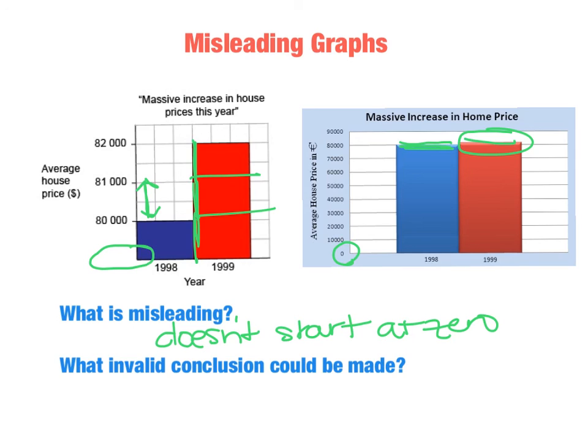So what invalid conclusion could be made if you look at that first graph? Well, it looks like home prices tripled or were 3 times as high in 1999 as the year previous in 1998, which simply was not true. They only increased by $2,000. That's a pretty big misconception.